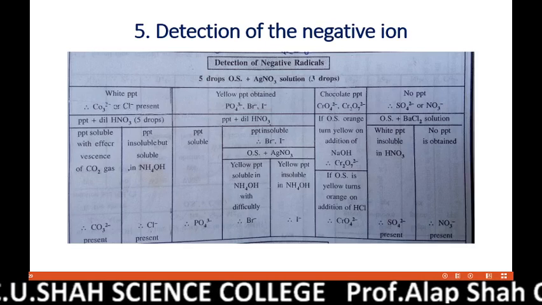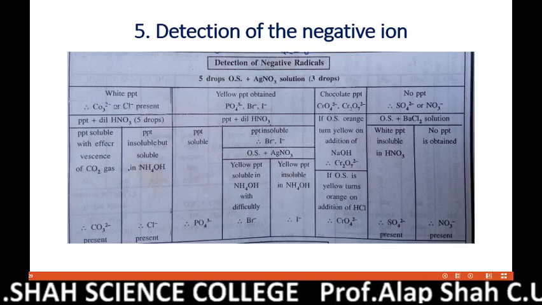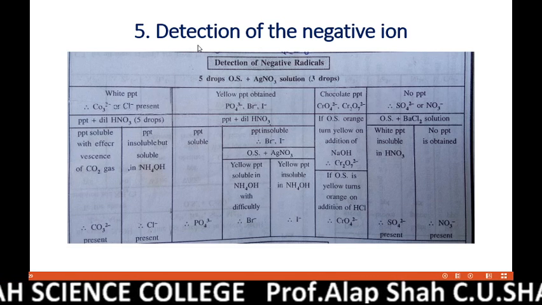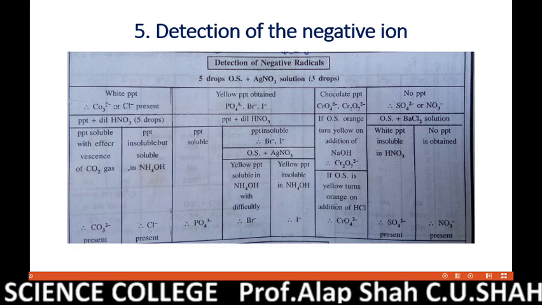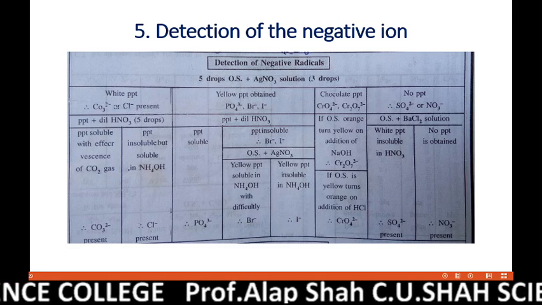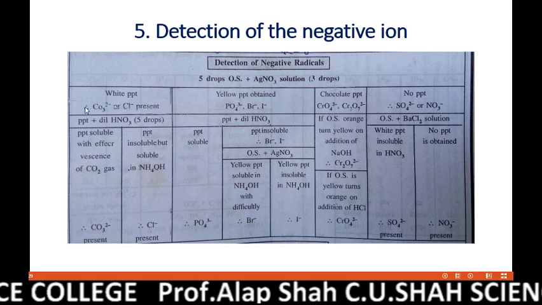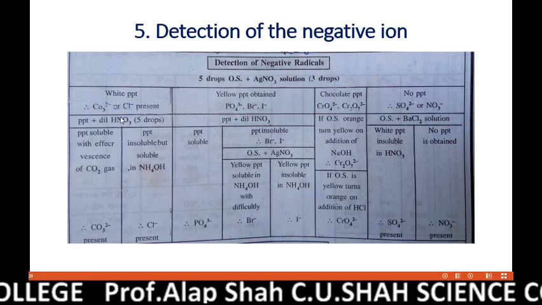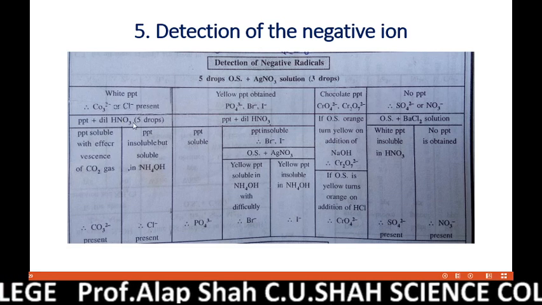Now we will go for the negative ion. Again, let me remind you, if your compound is water insoluble, you will not perform this. This is the chart, read it. OS plus AgNO3. If you get white precipitates, then carbonate and chloride, and you have to perform the separation here.